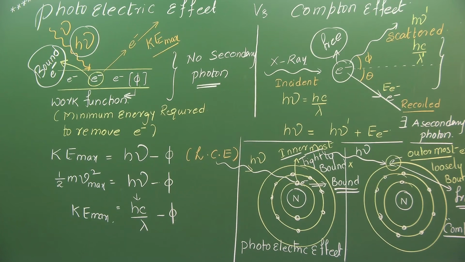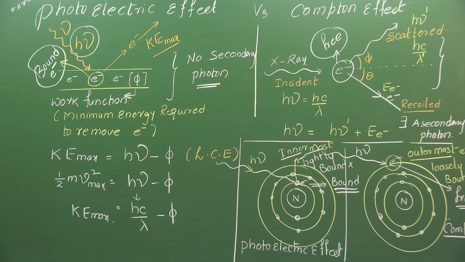But it is a conduction electron, and a conduction electron will be outermost. I am not talking about the conduction band or valence band. All the electrons are valence electrons only. I didn't draw the complete diagram; I just said an inner one and an outer one, something like that.